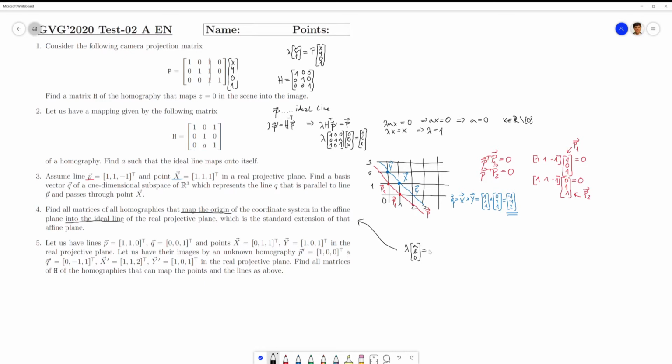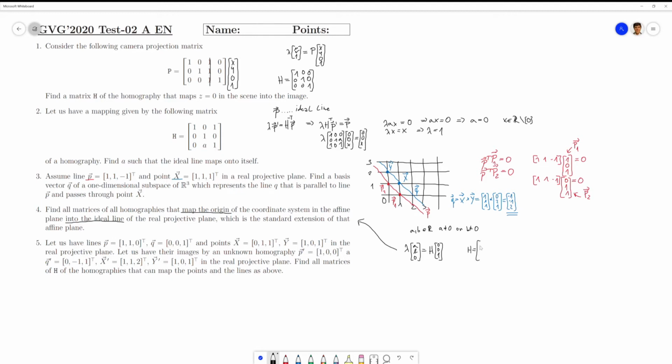In the next task we should find all homography matrices which map the origin to the ideal line. We know that a homography matrix does not map points to a line, therefore it maps point to point, so we are looking for such a matrix which maps the origin to the ideal points. Therefore lambda times the vector a, b, 0 equals H times 0, 0, 1, where a and b are real numbers and a or b is not equal to 0.